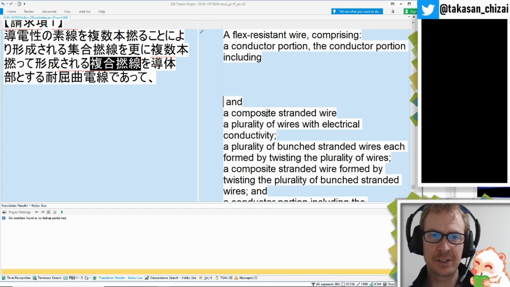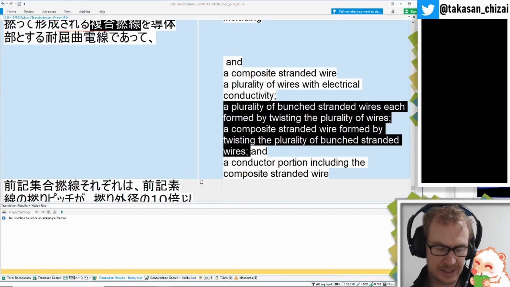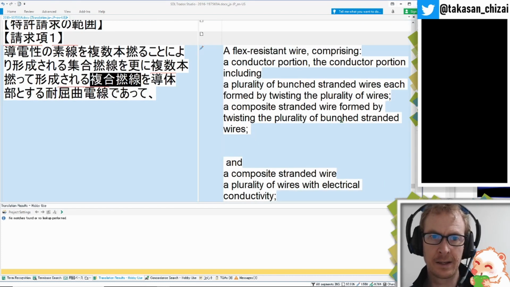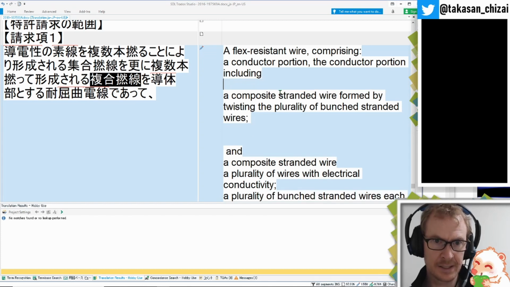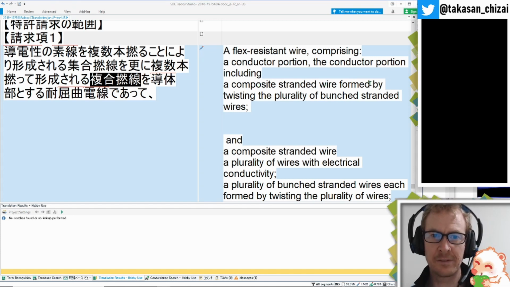And so we have to kind of do the opposite of what we've done here. We have to put this in. Nope, we need this first. So the conductor portion includes composite stranded wire formed by twisting a polarity of bunch stranded wires.